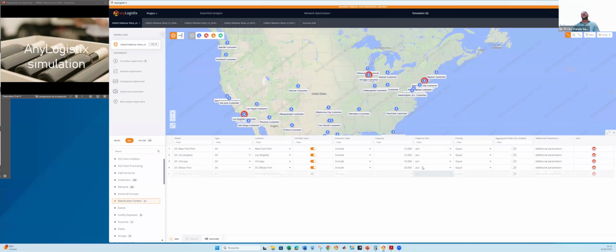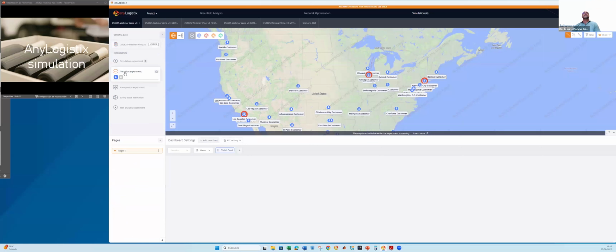If you want to create your own scenario and set the right values here, you should go to the variation experiment. We made a simulation experiment, but before, when I was configuring the market, I made variation experiments, varying the capacity of all the distribution centers to find the most profitable configuration for our network.